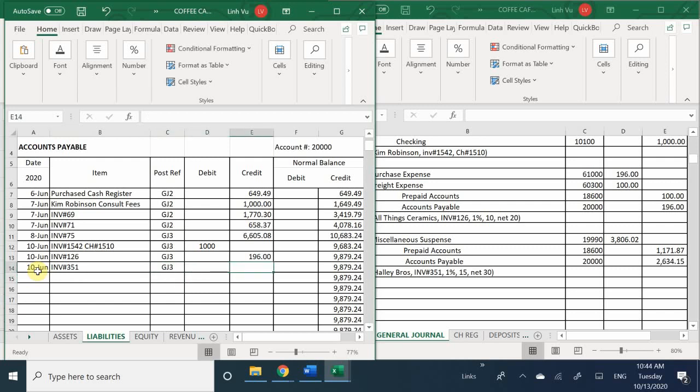And I'm increasing the amount I owe by the grand total of $2,634.15, which should change my total amount that I owe from $9,000 to now $12,000.